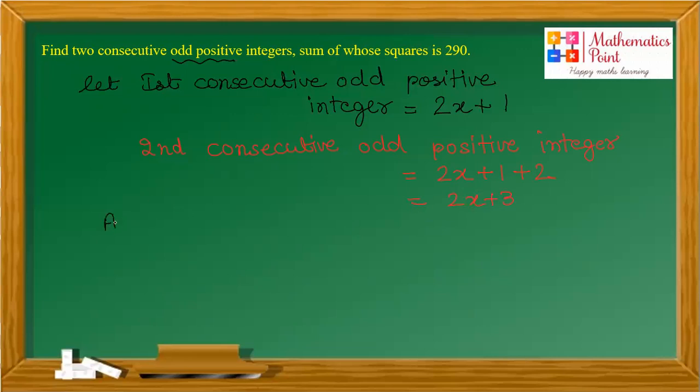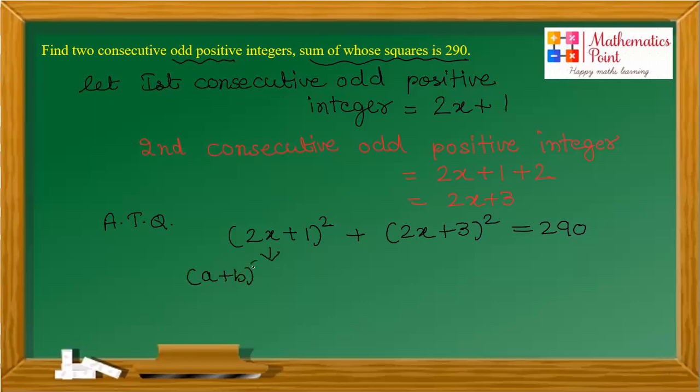Now, according to question, the sum of squares is 290. That means square of first number, that means 2x plus 1 whole square, and the square of second number, that is 2x plus 3 whole square, is equal to 290. Now here we will use the identity a plus b whole square, which is equal to a square plus b square plus 2ab, and same identity will be used here as well.